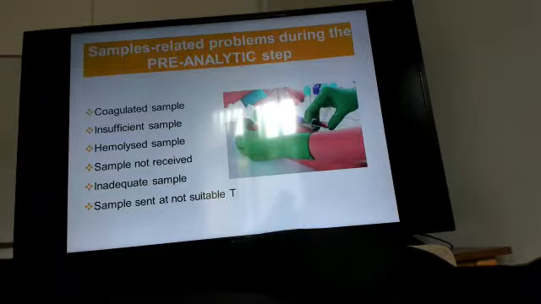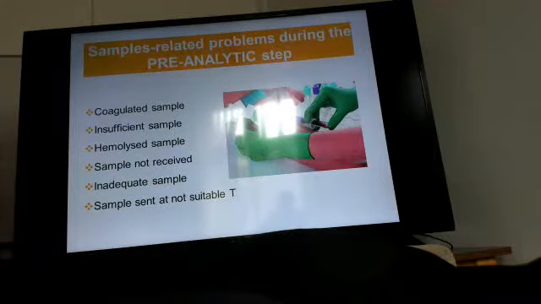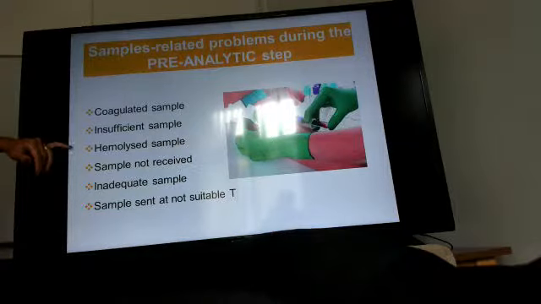However, instruments now are able to recognize this. The acceptance of the sample and the correspondence of the right tube for the right analysis is done by the operator, while the volume and the presence of hemolysis are checked by the instrument itself.